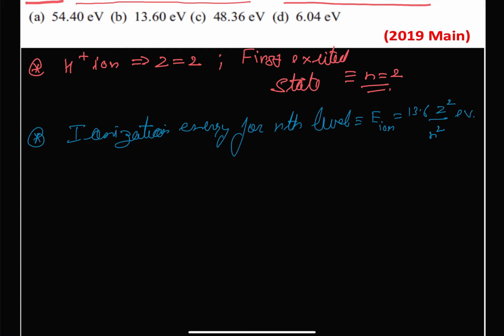So we get our E ion will be equal to 13.6 multiplied by 2 square and divided by 2 square. So 2 square goes away. This comes as 13.6 electron volt.